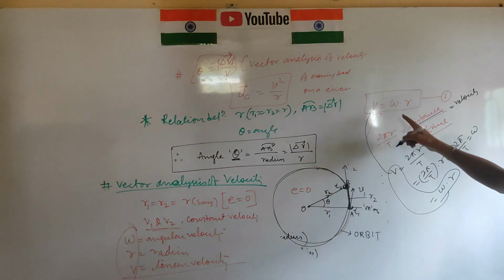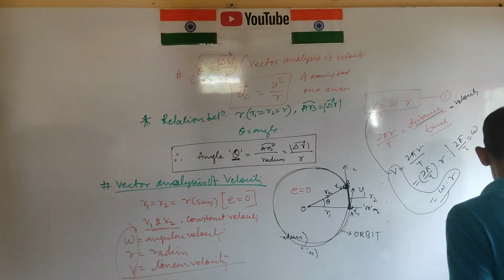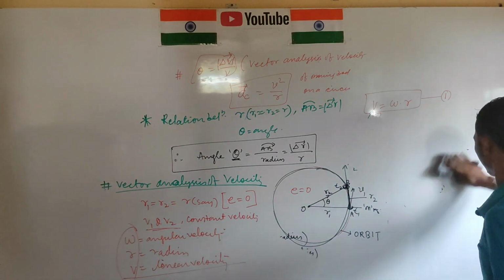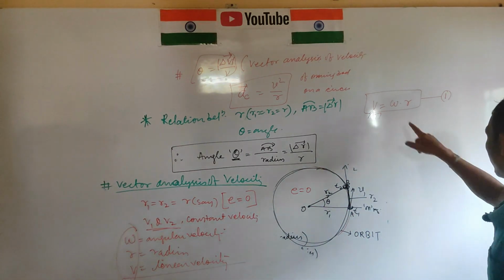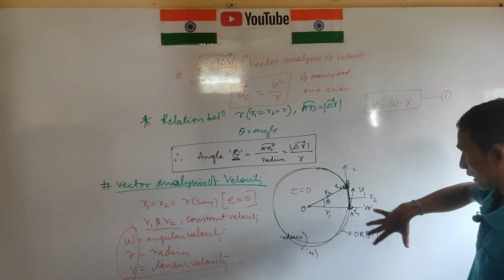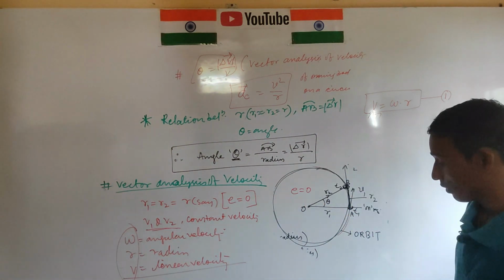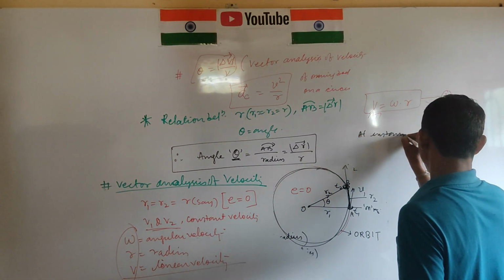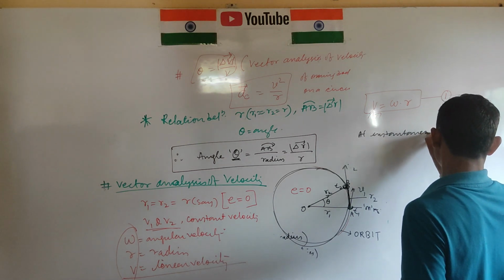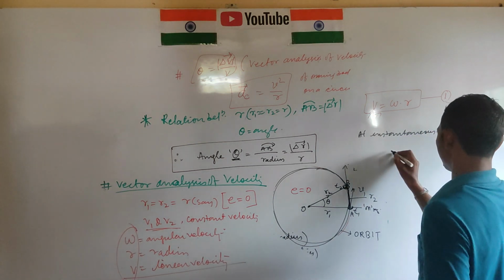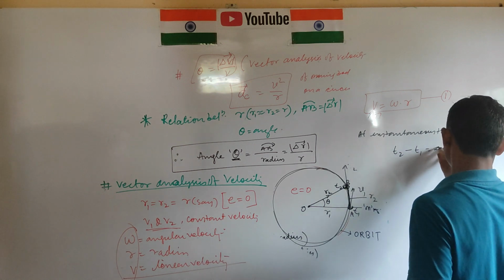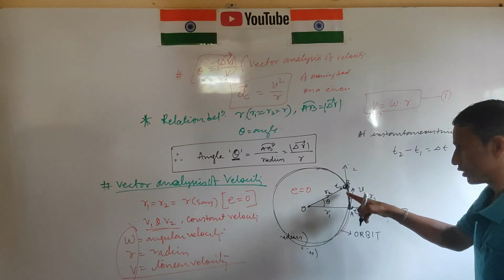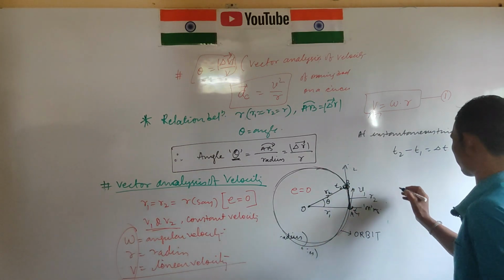Okay, so here is the relation, with the time period considered here. Now at instantaneous time, t2 minus t1 is delta t. In this case, there is the instantaneous velocity at time t.